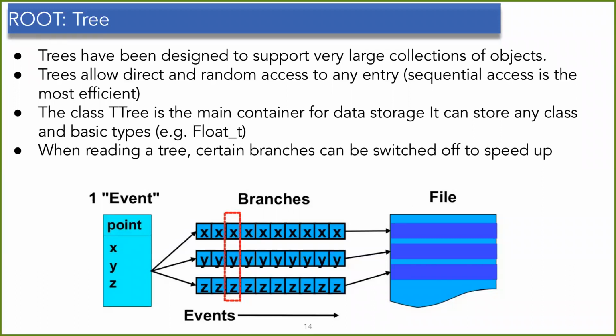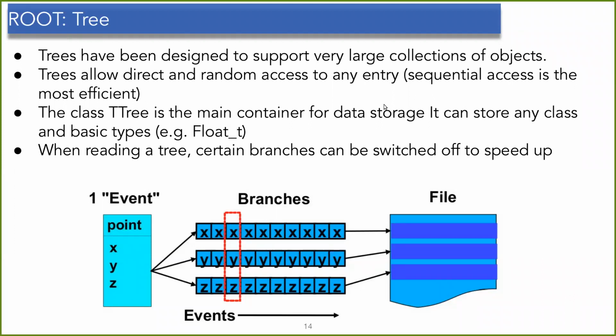For example, if you have 100 events, and in each event you have some event variables, say xyz, and you store this information of each event in the tree, you can directly access any of the events by just calling GetEntry of the tree.